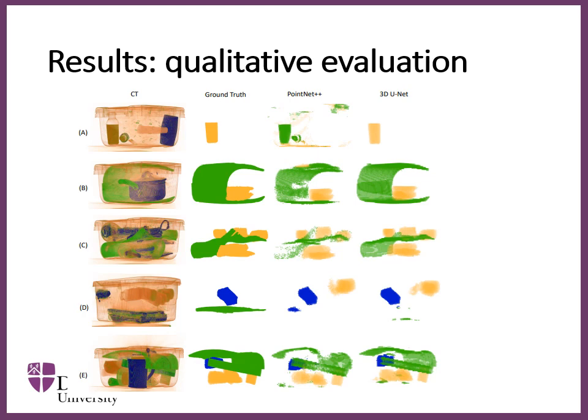We have 3 contraband materials which are represented by different colors: orange, yellow, and blue. And then in the last 2 columns, we present the detection results of two models, PointNet++ and 3D-UNet. So we can actually see that the qualitative result is consistent with what we have seen in the tables.